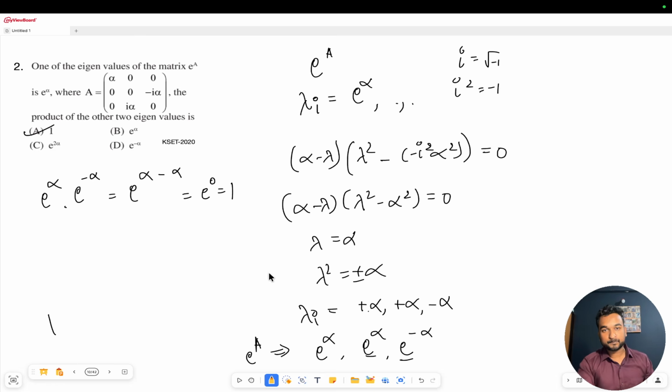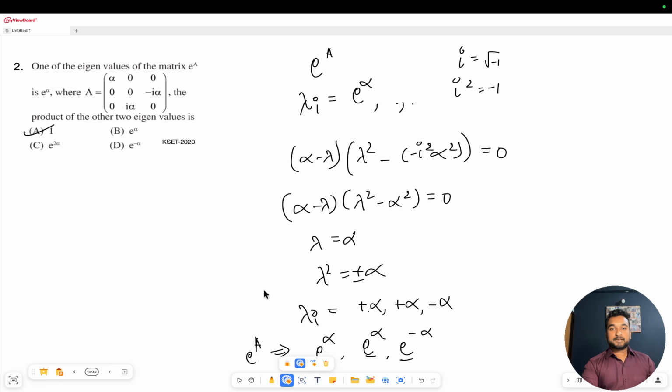Okay, there is one more method to solve this problem. Let's see how we solve by another method.